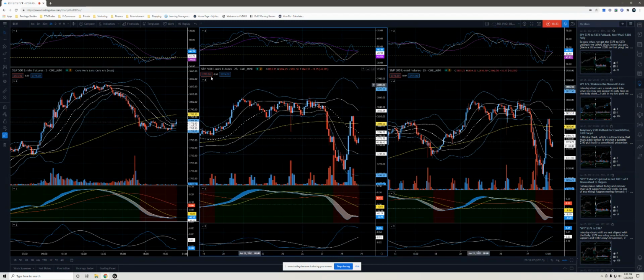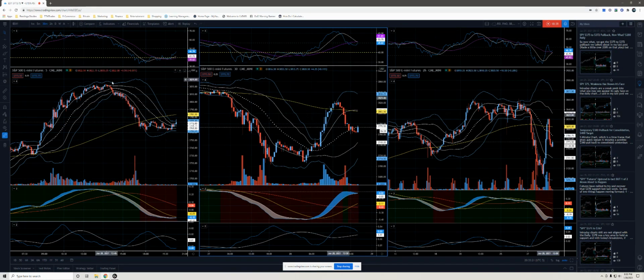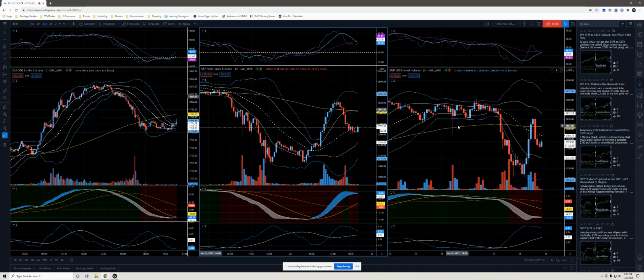Now, one thing that's very important, let me pull up the 30-minute chart. That's a better picture. This deep pullback you see here is more in depth on this 5-minute chart. But what we need to see is this 30-minute chart hold above its two averages here.